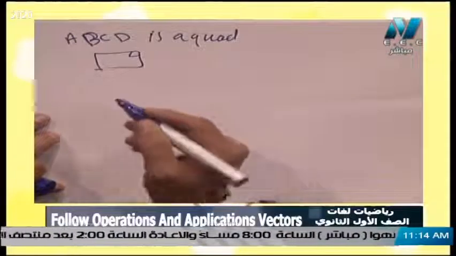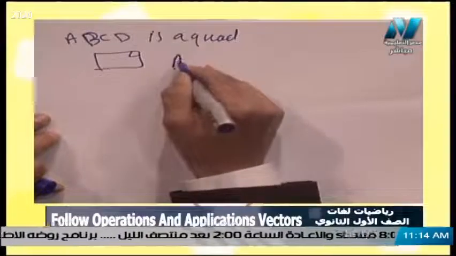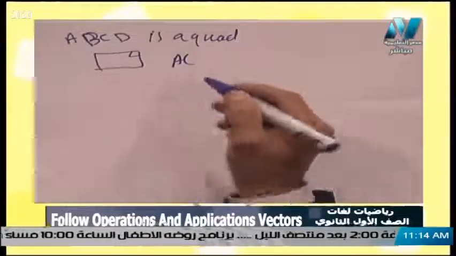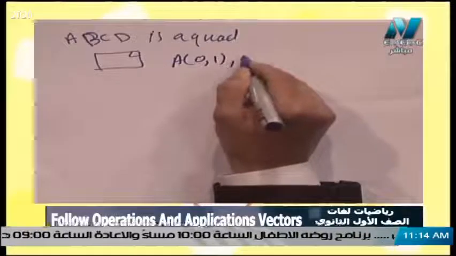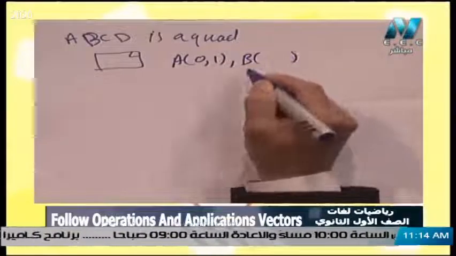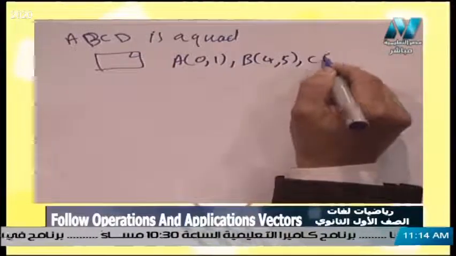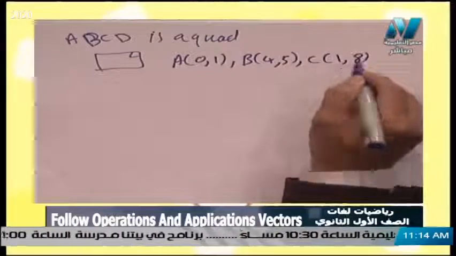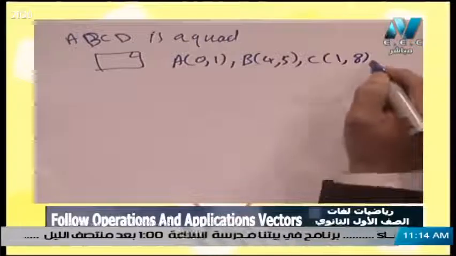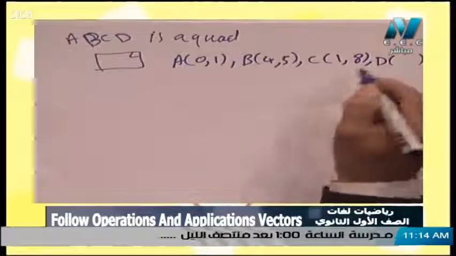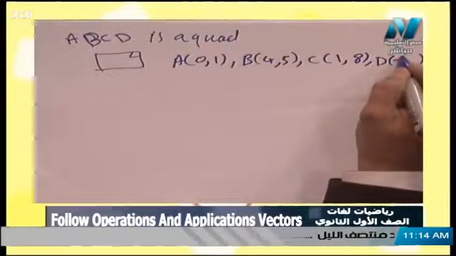The point A is (0, 1), the point B is (4, 5), the point C is (1, 8), and finally, the point D is (-3, 4).